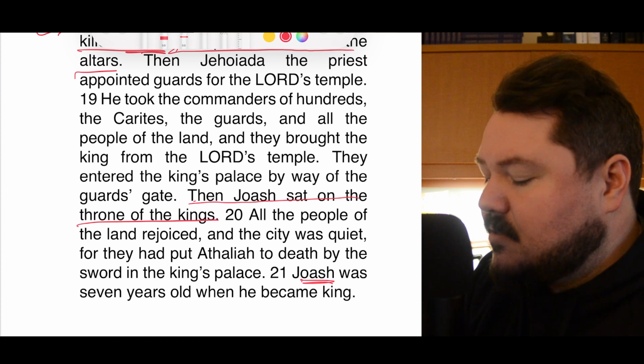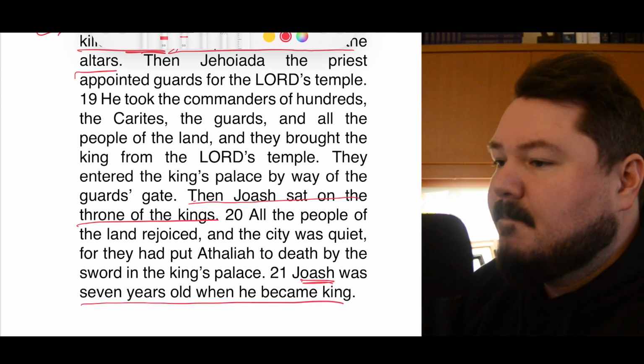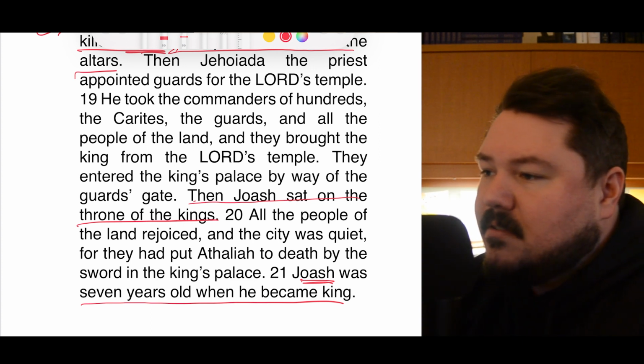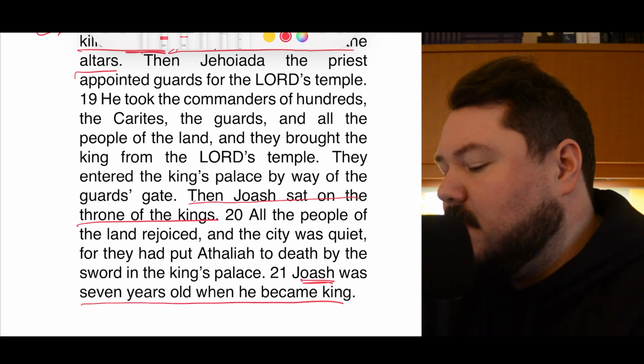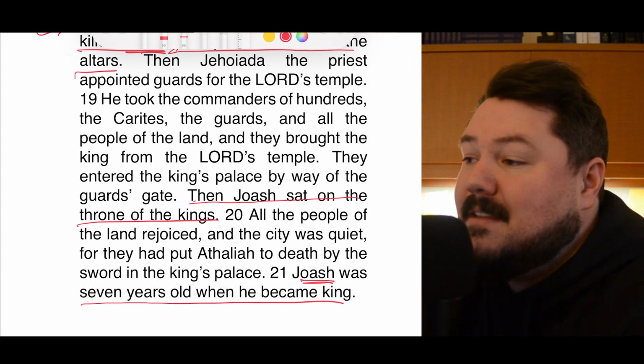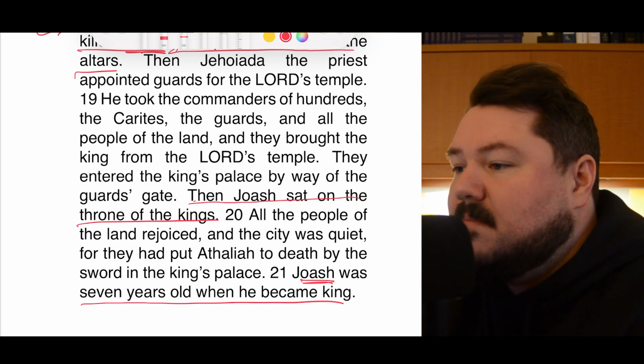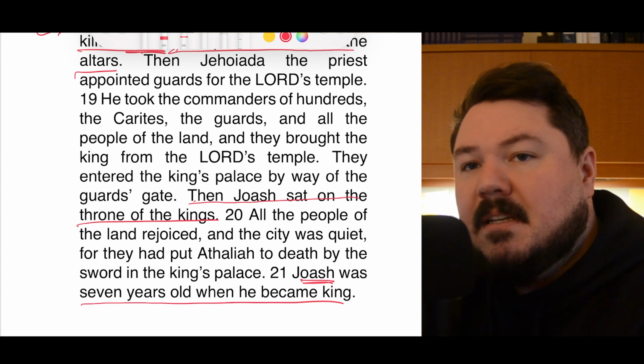And Joash was 7 years old when he became king. This is the youngest king, beats out a guy named Josiah, who you read about later in Kings, who became king at the age of 8. But this all seems very promising. This is good.